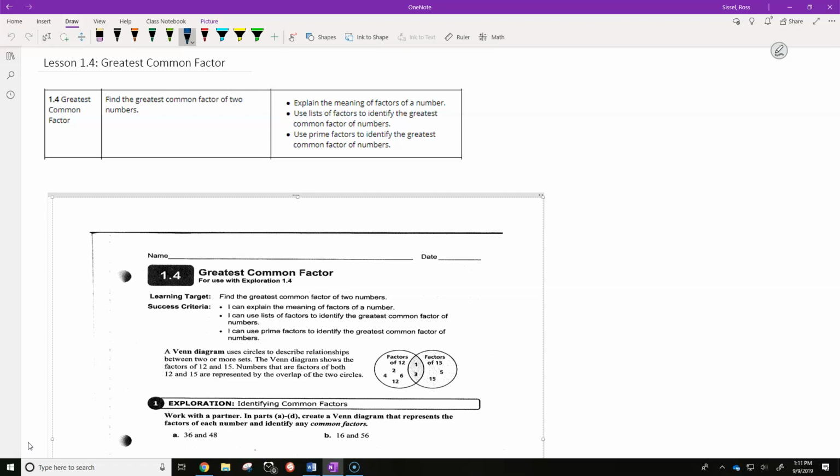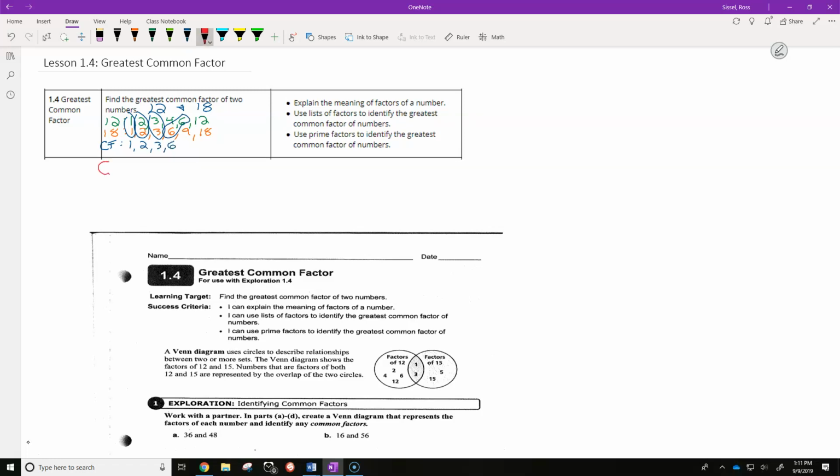So if I ask you to find the greatest common factor between 12 and 18, today what you are going to be doing is telling me the factors of 12, the factors of 18, what my common factors are, and then finally my answer.